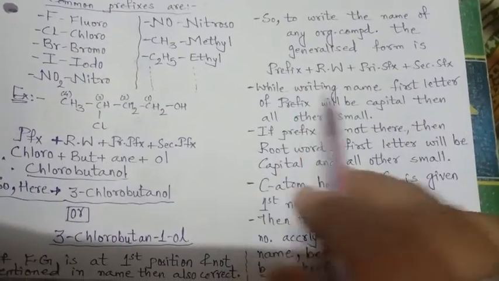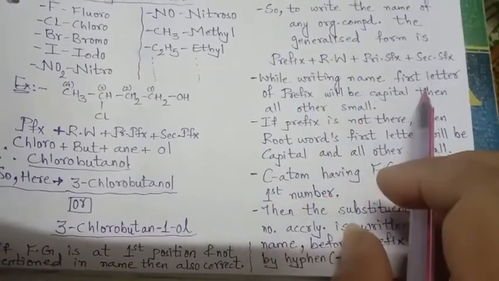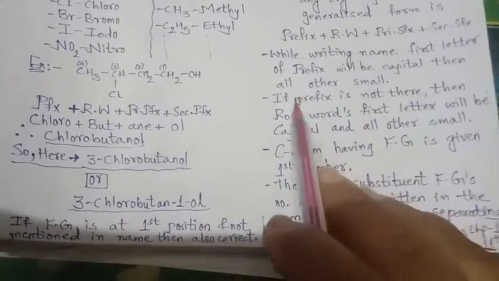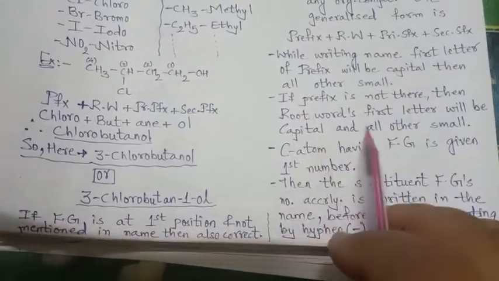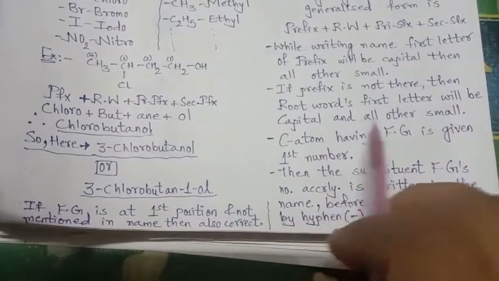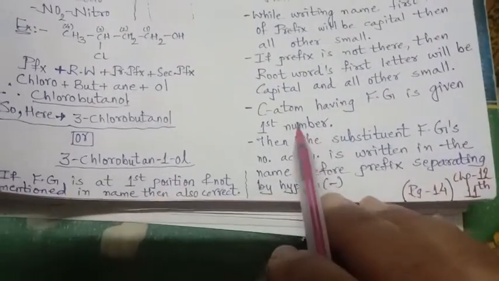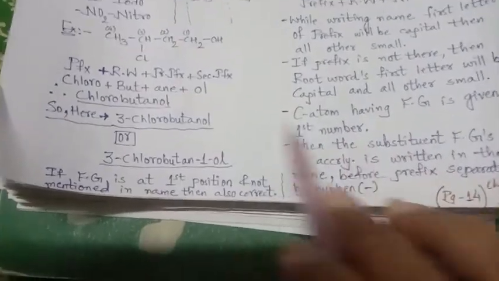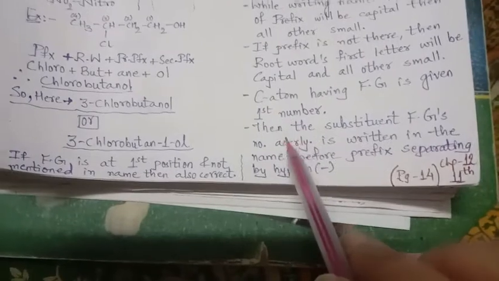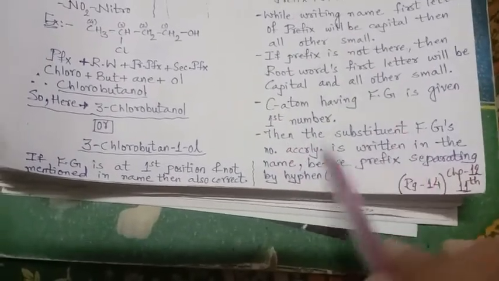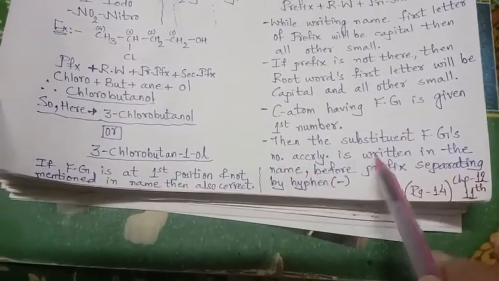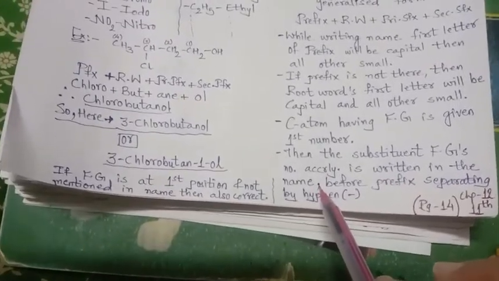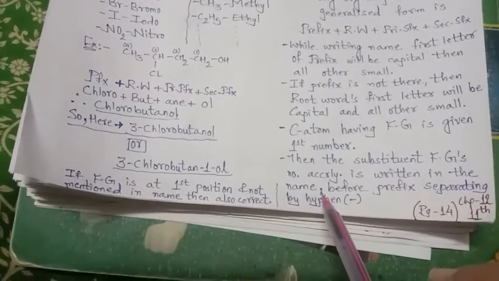And while writing the name, the first letter of the prefix will be capital, then all other letters small. If a prefix is not there, then the root word's first letter will be capital and all other letters small. The carbon atom having the functional group is given the first number, just as we have seen in the previous examples. Then the substituent functional group's number is written in the name accordingly.